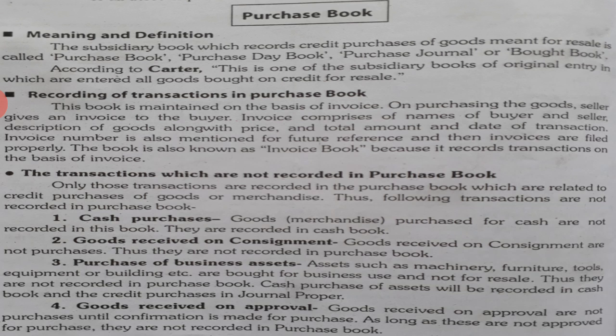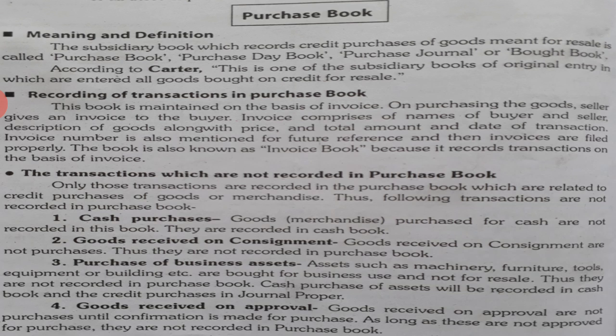So just underneath the meaning you can see what transactions are not recorded in purchase book. तो पहली वाली बात वही है, कैश परचेस नहीं आएगा. Second, goods received on consignment. Consignment means if any shopkeeper or businessman is working like an agent and receiving the goods from the head office just to sell, so that goods is called consignment.